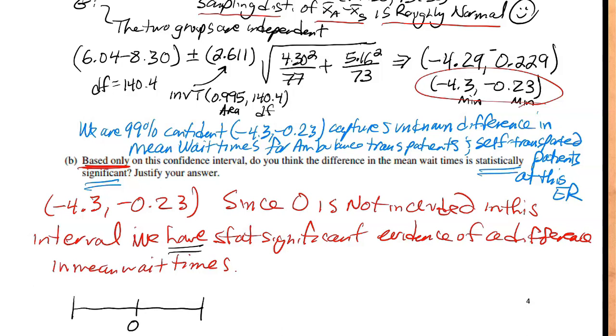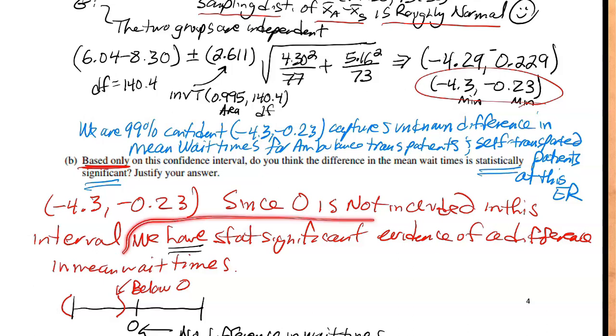Here's 0. This would be that there's no difference in mean wait times. Our entire interval is here, so the entire interval is below 0. So 0 represents that there's no difference. The entire interval is below 0. That means there is a difference in mean wait times. Let's talk about scoring. It's really common for students just to say this much.